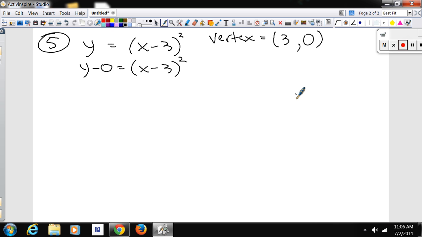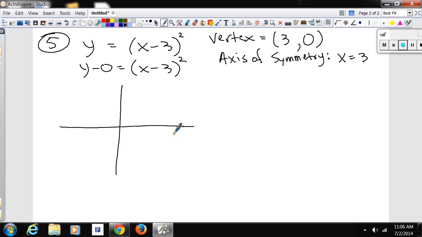What is going to be my axis of symmetry? All you got to do is look at the x. What's the x? 3. So your axis of symmetry is x equals 3. So this graph is going to have a vertex at (3, 0), and the axis of symmetry is going to be where the 3 is right here.